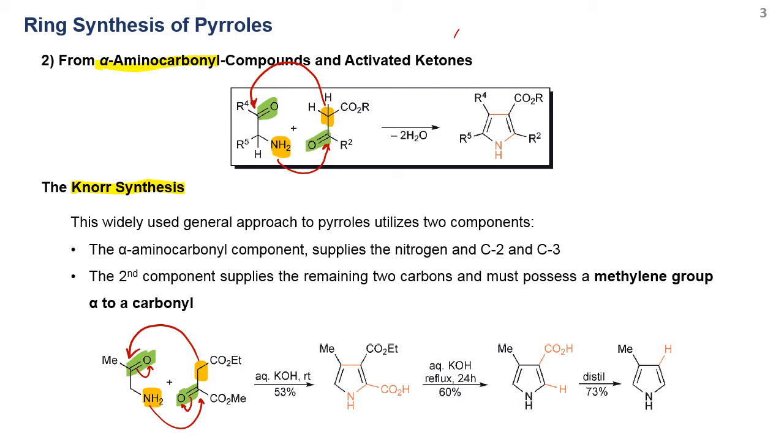And you can see that under basic conditions, some of the esters can be hydrolyzed, and then at high temperature you can also decarboxylate these carboxylic groups. So if you have a base, you remove the proton here and push electrons here and push electrons here.